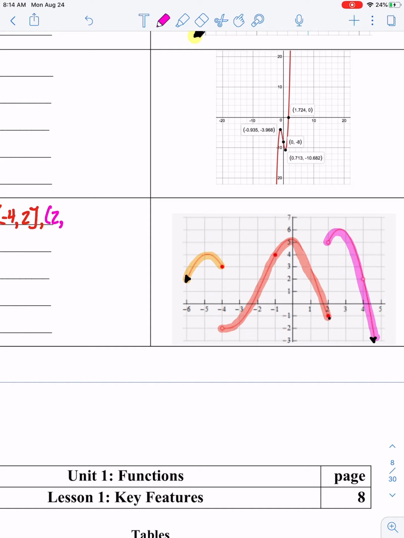And then it gets to 4, and I have an open dot. So I stop at open dots. When you get to an open dot and you stop, it starts right back at the same number, okay? And then it's going to go to infinity, and infinities always get parentheses.